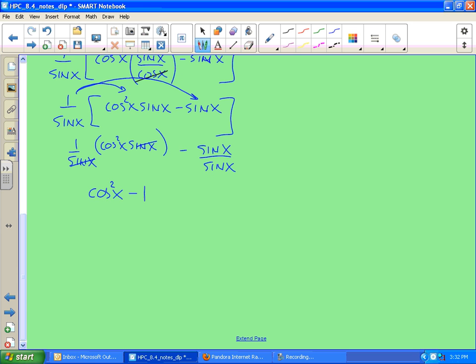Well, let's see. That looks like it might have come from our Pythagorean identity. See, if I subtract a 1 from both sides, and then I subtract the sine squared to the other side, I'm going to get a cosine squared x minus 1, or in this case, this equals a negative sine squared x.